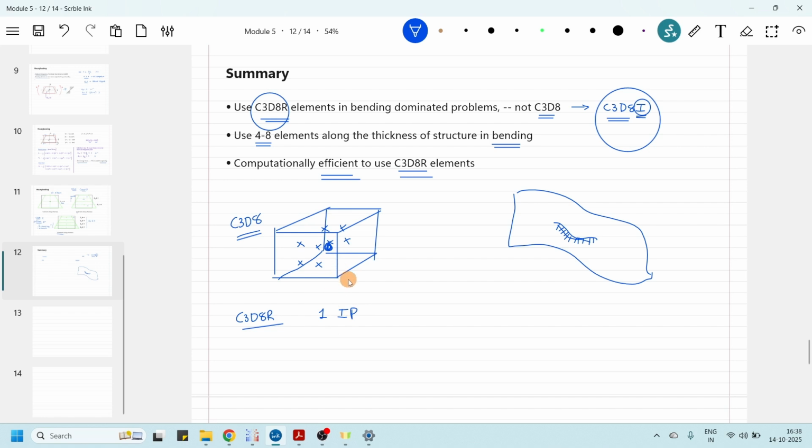So it is almost 8 times cheaper than C3D8 elements when it comes to computation of the stiffness matrix.